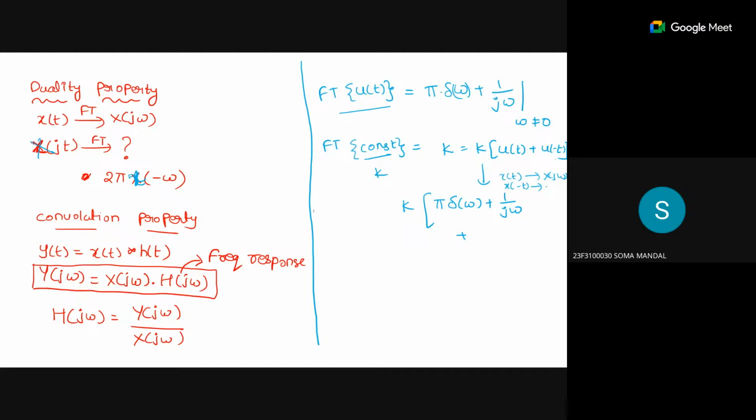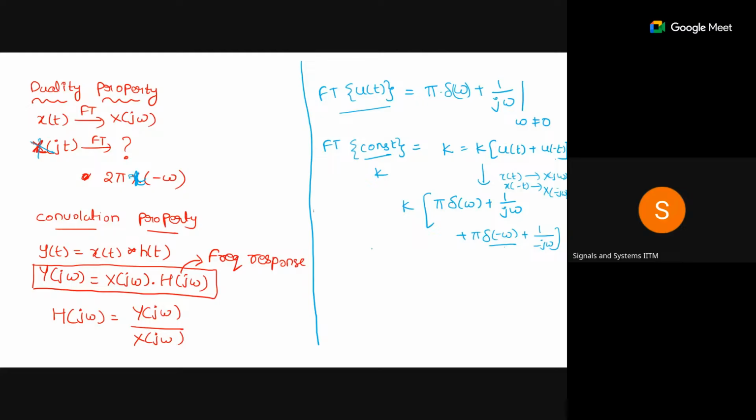Pi delta of minus omega plus 1 by minus j omega. Yes, correct. So for x of minus t the Fourier transform is x of minus j omega. From that we will substitute here.